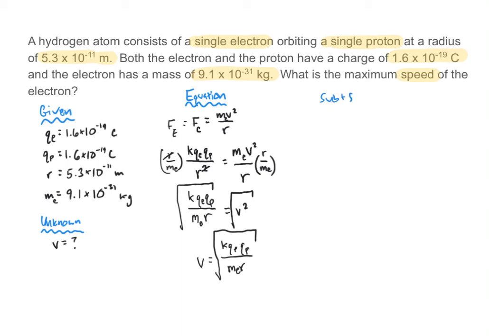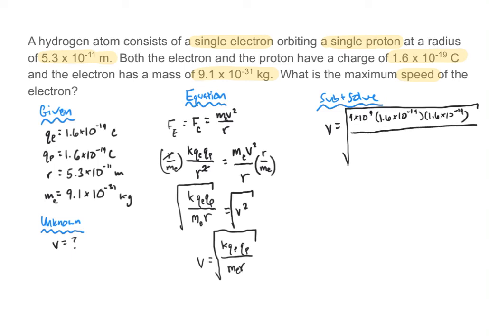So let's sub and solve. We've done the hard part. Now we're just going to plug in the rest of our numbers. So v is equal to the square root of k q q, so 9 times 10 to the 9th, times 1.6 times 10 to the negative 19th, times another 1.6 times 10 to the negative 19th, divided by the mass of the electron, so 9.1 times 10 to the negative 31st, times the distance between the electron and proton, which is going to be 5.3 times 10 to the negative 11th.